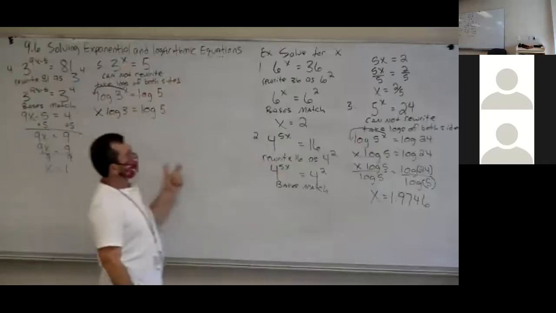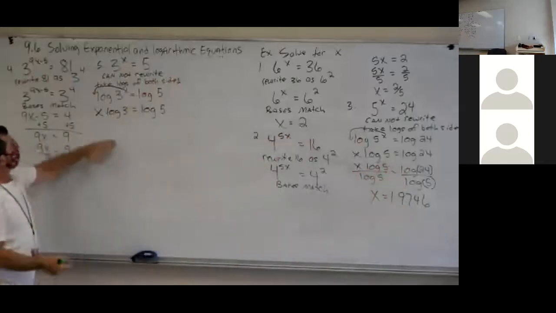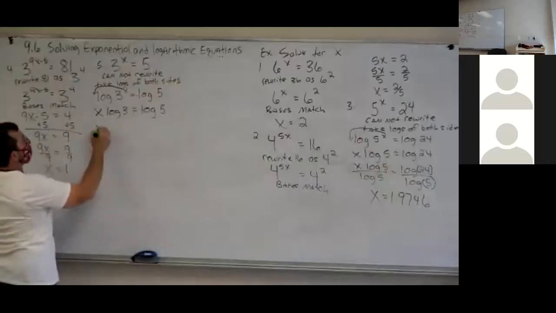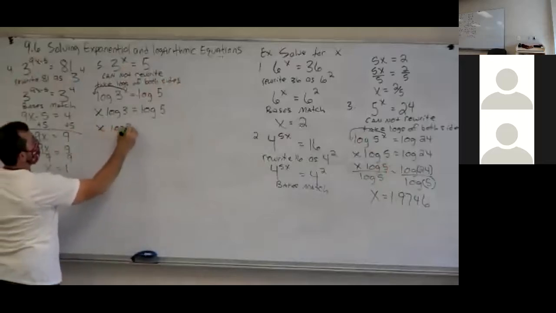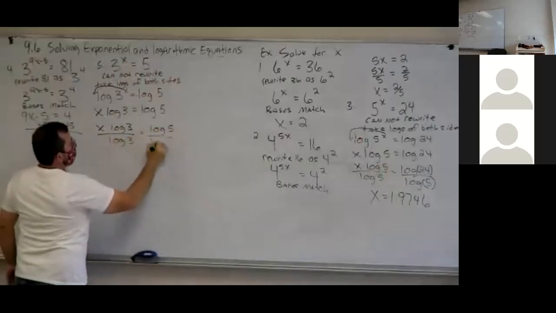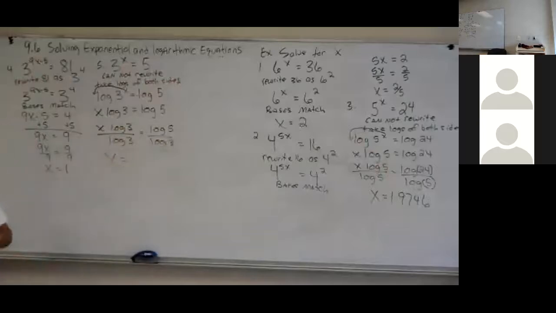You'll notice these problems, they're matching each other all the way down. On that point next, I divided by the log 3 stuff, so I'm going to divide both sides by log 3. And usually they want these around 4 decimal places, okay?